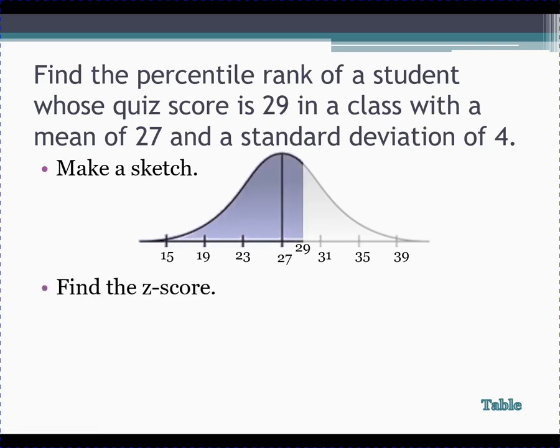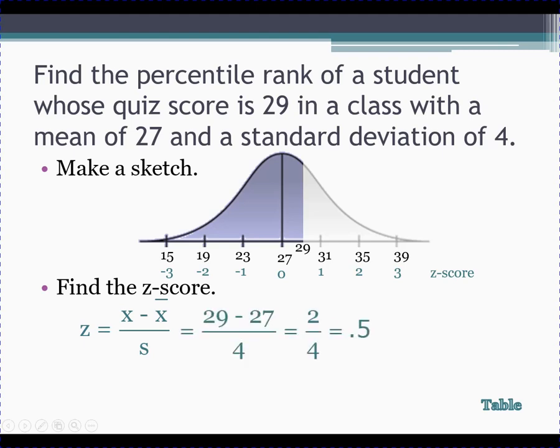So what we do here is find the z-score. We remember that for z-scores, the mean is 0 and the standard deviation is 1. So z is our value, 29, minus the mean, divided by the standard deviation, which gives us 0.5. So this person's z-score is 0.5, and now we can go to our table.